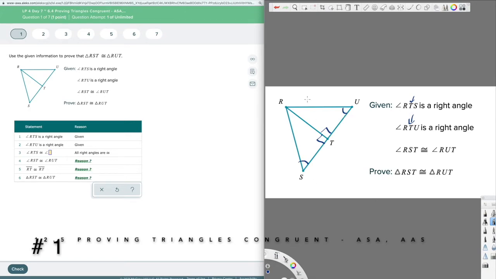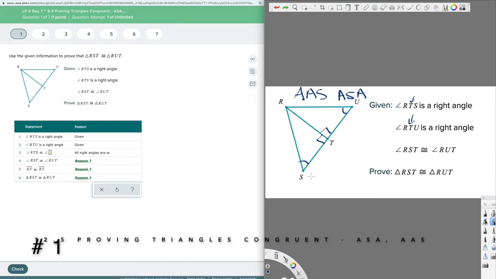So I'm using one of these two properties to prove these two triangles congruent. My main purpose here is to prove that RST, the triangle on the left, is congruent to the triangle on the right. How can I get from this given information to the entire triangle being congruent to the other entire triangle?